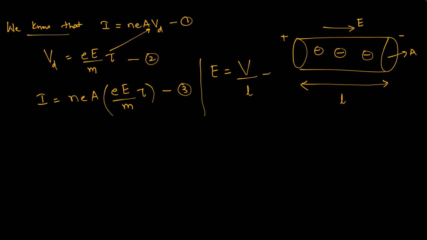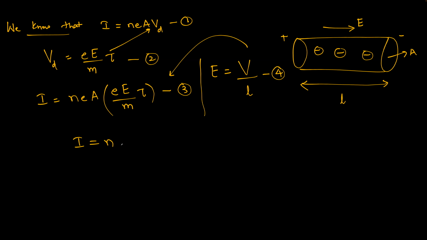Let this be 4. The logic is simple. First, I wrote the expression for current. Second, I wrote the expression for drift velocity. I combined both, and you got a third expression for current in terms of electric field. I'm using a known relation between electric field and potential difference. Now I'll take this 4 and put it into 3. So you will get another equation like this.